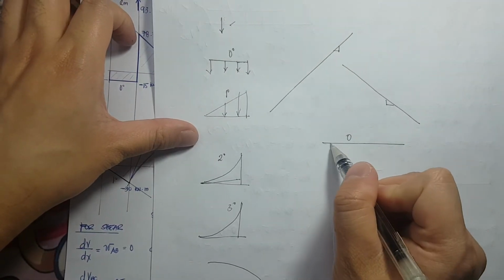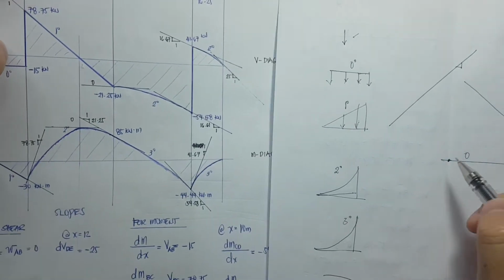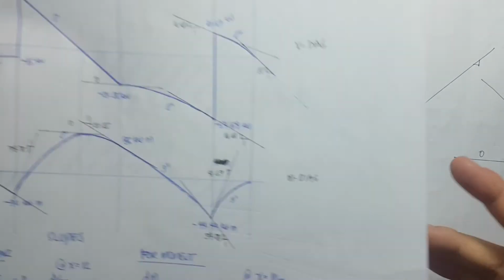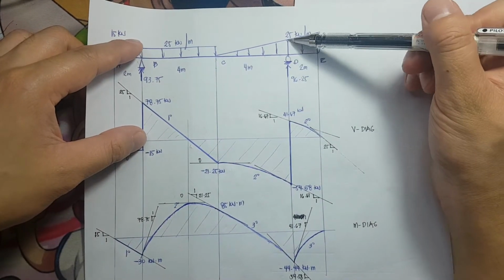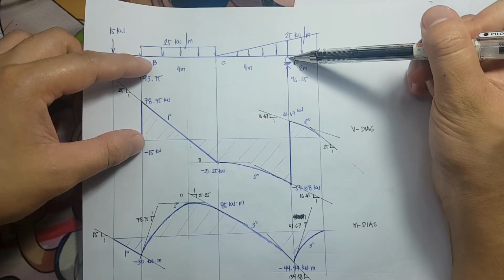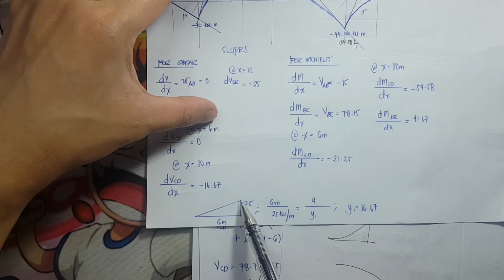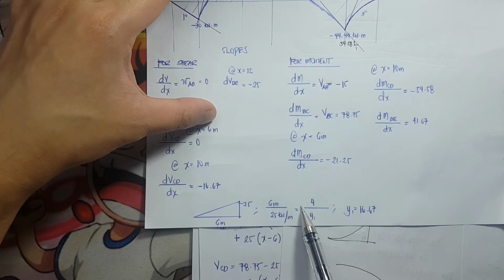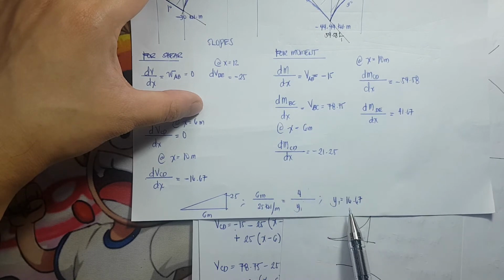So, from there, makikita natin na straight line. Dapat, ito yung mga point of tangency natin. Okay? Yan yung point of tangency. Next, dito naman, what is the load at point D? Okay? So, using a similar triangle at 6 meters, it is 25. So, what would be the load at 4 meters? So, the load at 4 meters is 16.67.